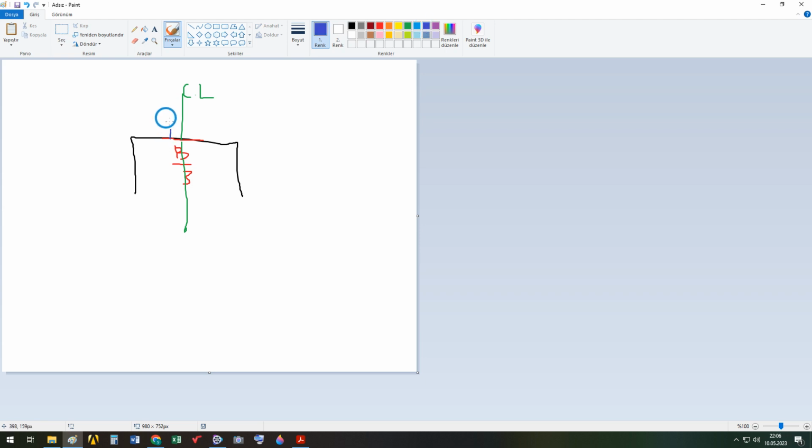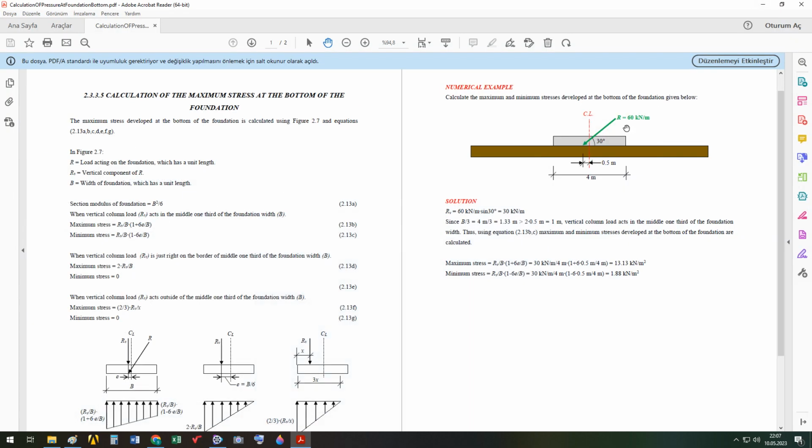So if your load is acting here, we have to compare B over 6, half of B over 3, with E. But if we consider B over 3, we have to make the comparison between B over 3 and this length. And this length is 2 times the eccentricity. So eccentricity value is here 0.5 meters, multiplied by 2, and it's 1 meter.